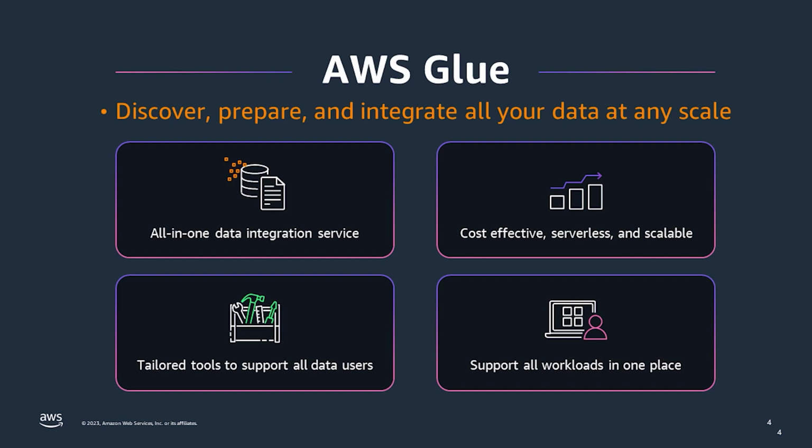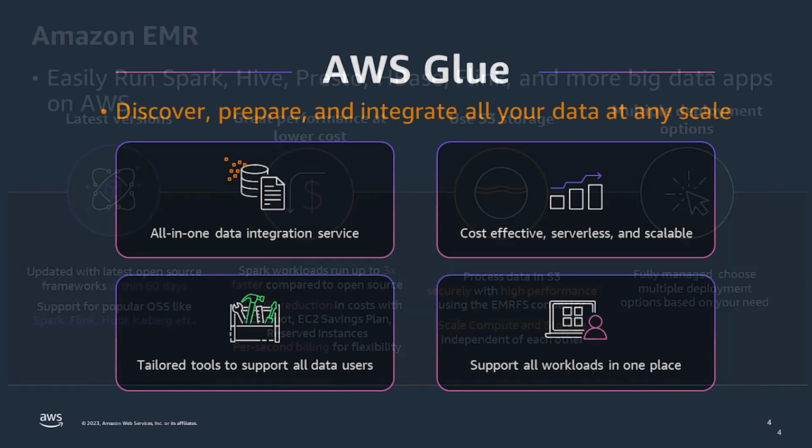So you don't have to manage any servers. It's an all-in-one data integration service, since it is able to connect to 80 plus sources. So that's awesome. This service can be cost effective, serverless, and scalable. Now it offers auto scaling also.